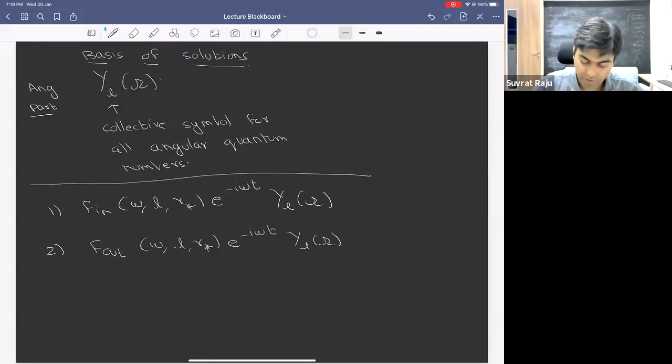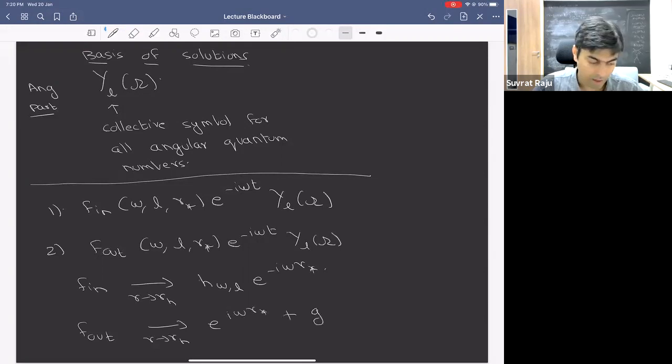And the behavior is that f in, as r goes to r_H, always from outside, is just, I'll explain what the notation is in a minute. And this f out as r goes to r_H is e to the i omega r star plus g_{omega L} into e to the minus i omega r star.